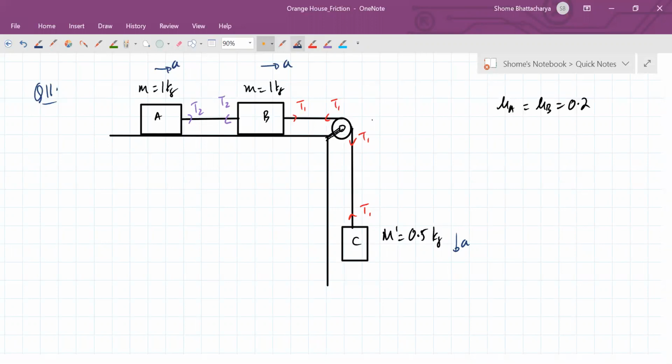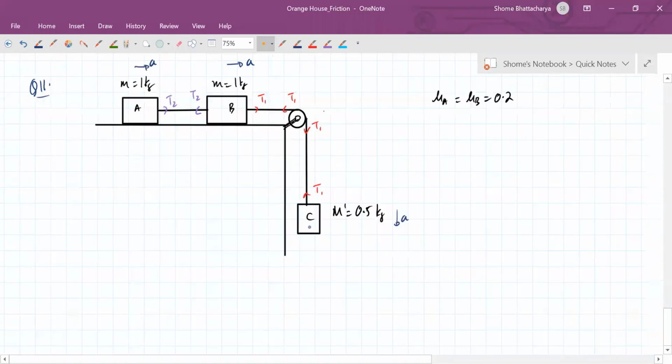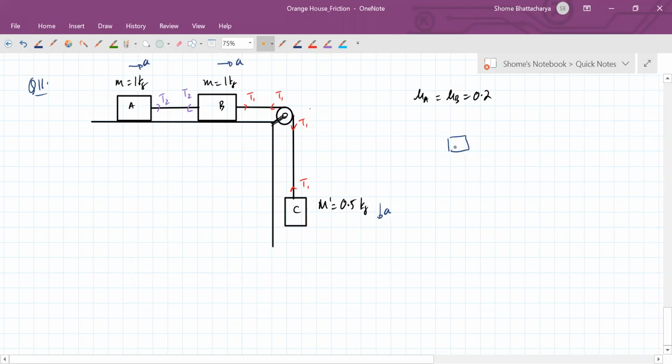Okay. So now just to make the complete free body diagrams. For A, there will be tension T2 from this side, friction, normal reaction, weight, and acceleration a.